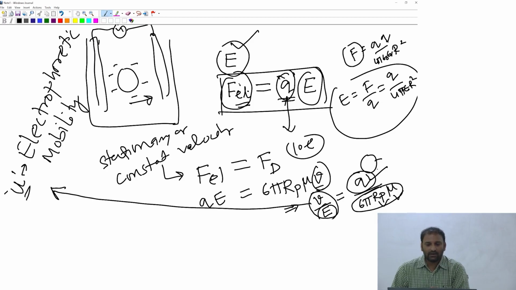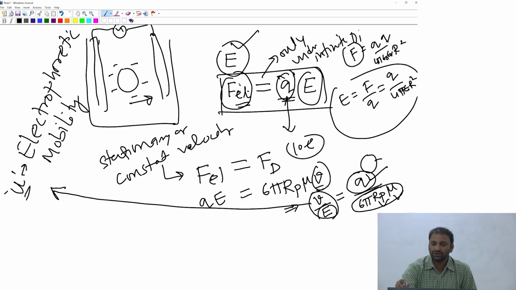Again, the experiments are going to be very similar. They will construct a rectangular cell that has two electrodes, an anode and a cathode. You put in a dilute dispersion of particles. The reason why a dilute dispersion is important is because this expression that we wrote, F_EL equal to Q times E, is actually valid only under infinite dilution.